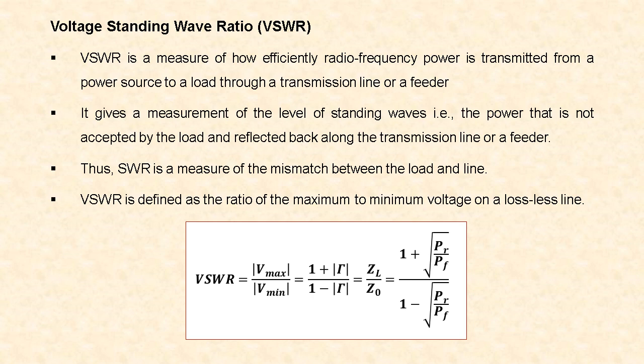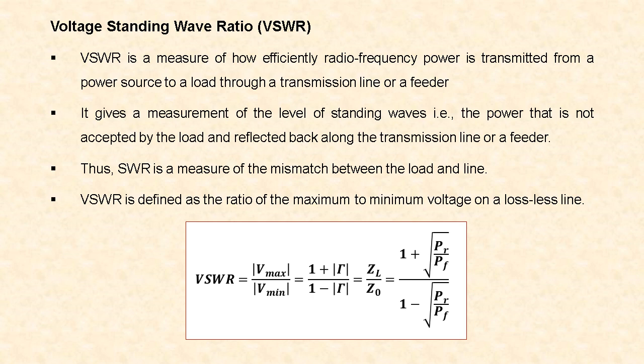The standing wave ratio or voltage standing wave ratio is a measure of the mismatch between the transmission line and the load.